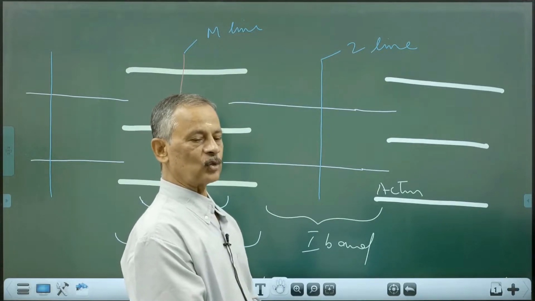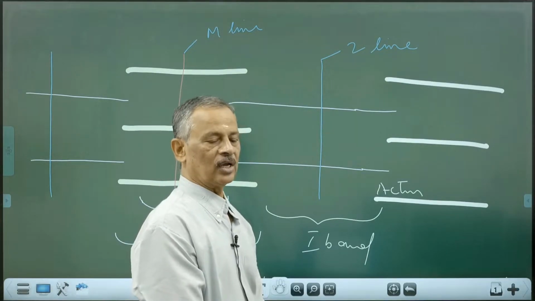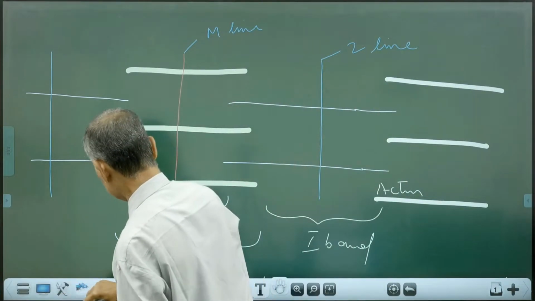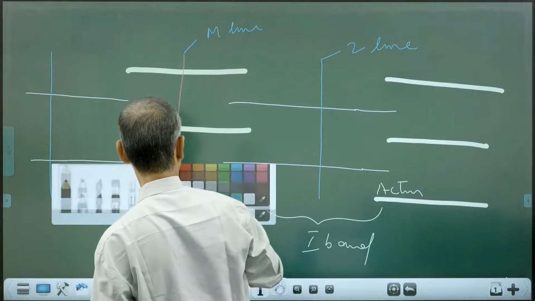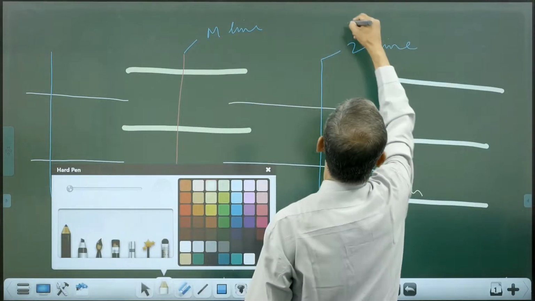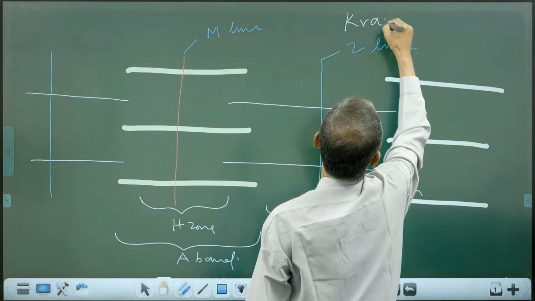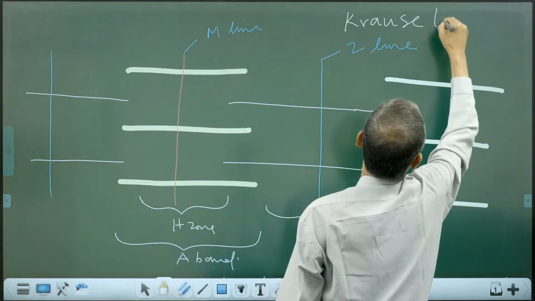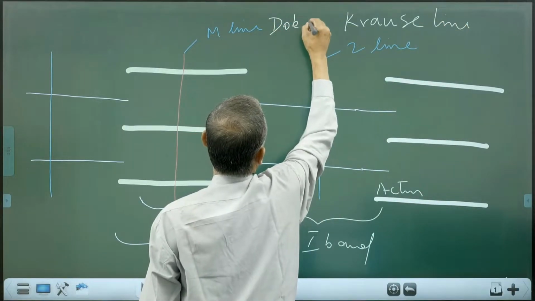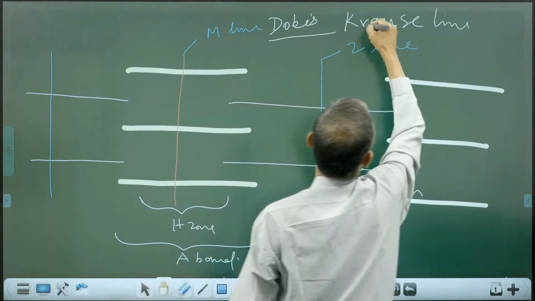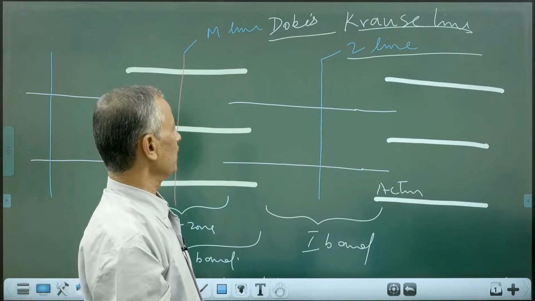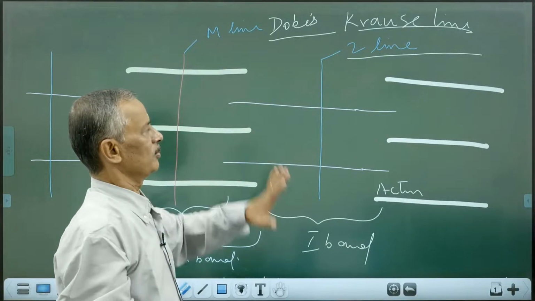Z line is also called cross line, or Dobby's line, which is keeping the thin filaments in position.